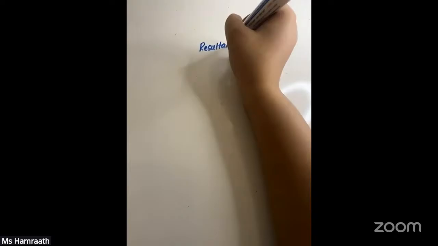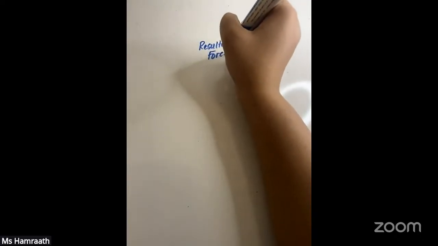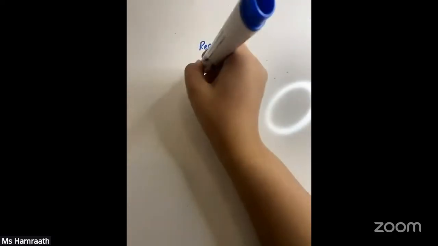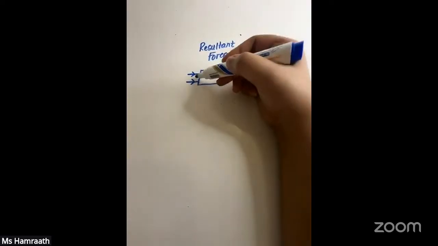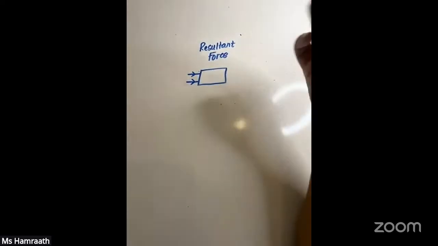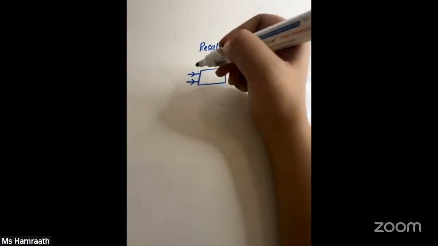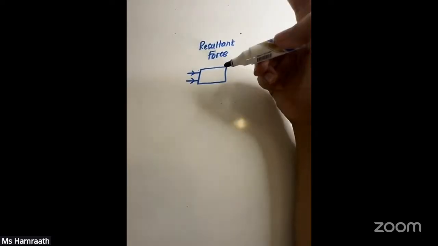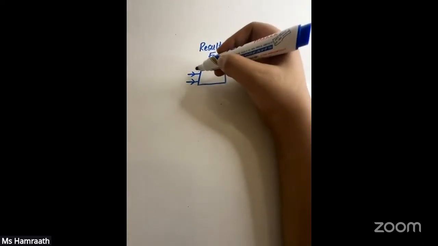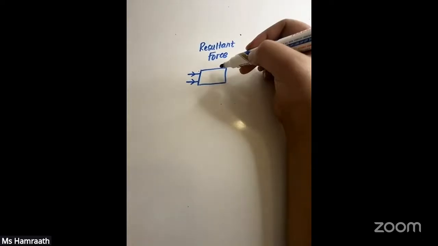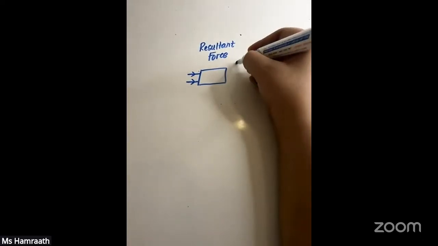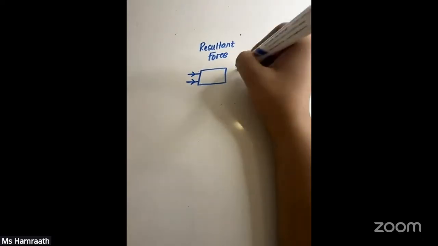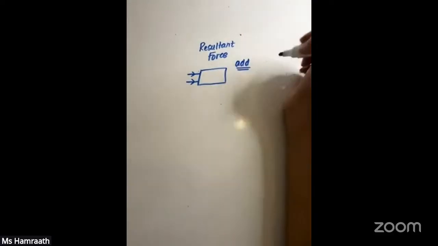When you have a resultant force, like you did a calculation, that means you had an object, right? If you have an object that is getting more than one force, and those forces are in the same direction, what you will do is add those forces.